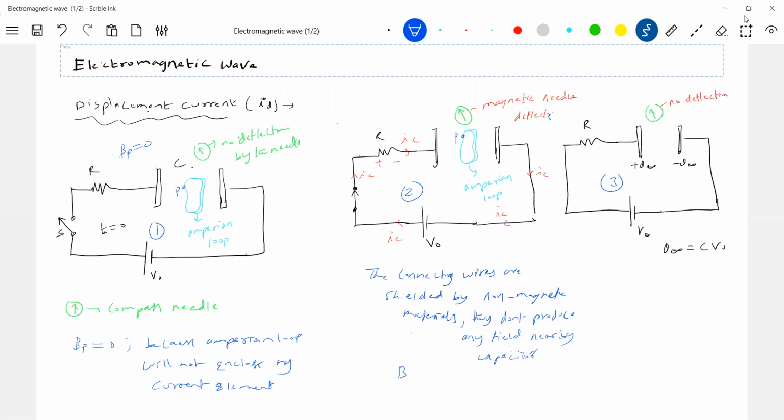Okay, now the second diagram, I'm clearly seeing that it is non-zero. Now, what conclusion should I make? Where is the current carrying element? Now we'll ask ourselves the question: where is a current carrying element enclosed by the loop?